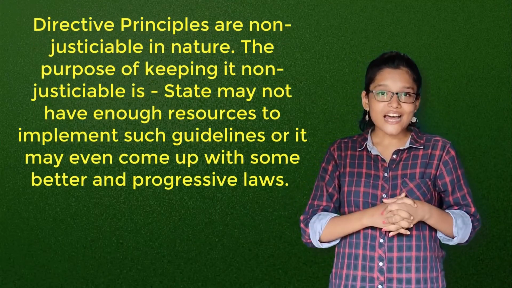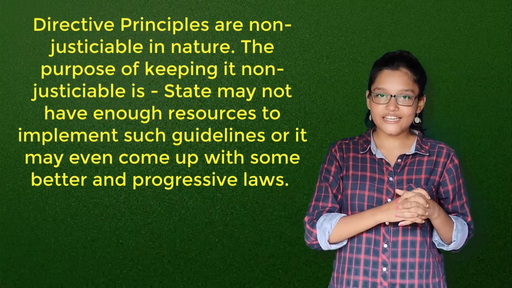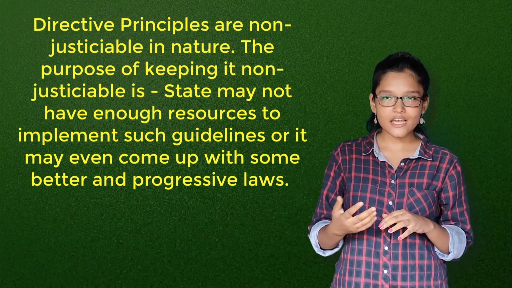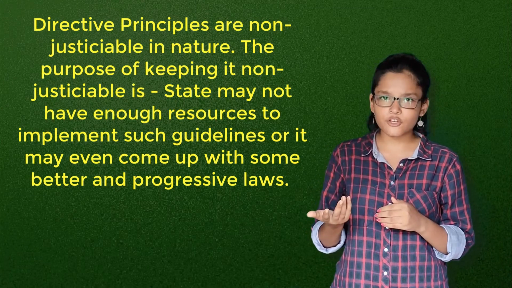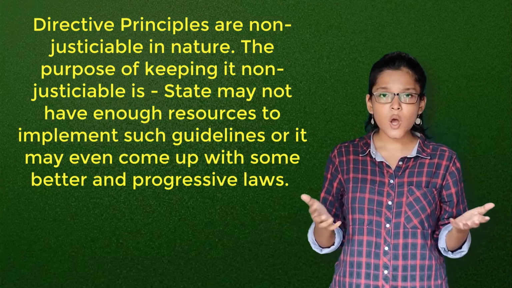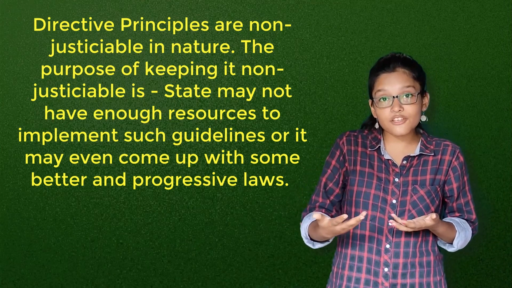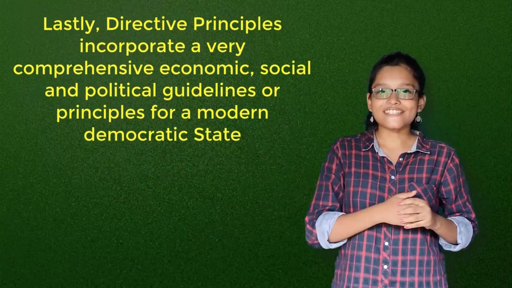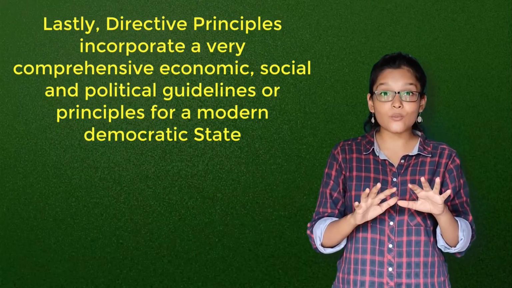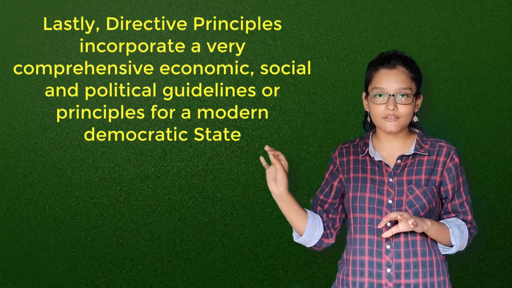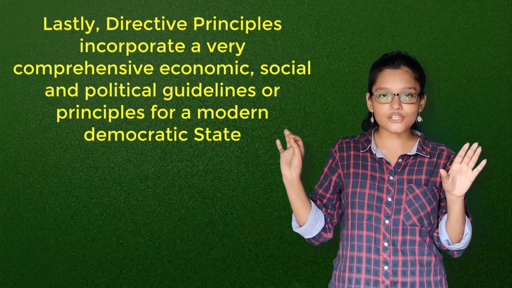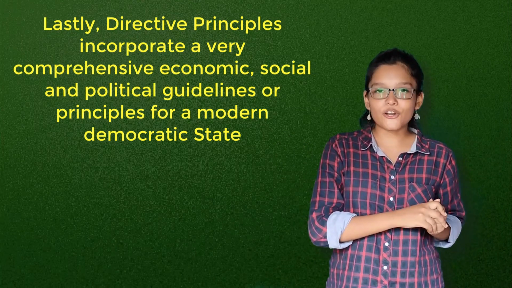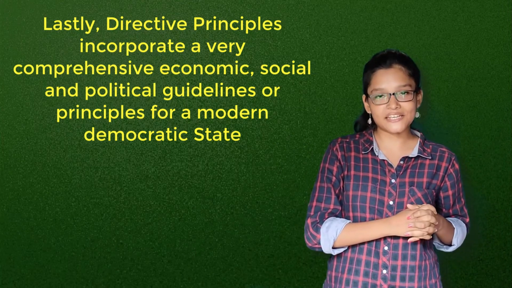Third, directive principles are non-justiciable in nature, and the purpose to keep them non-justiciable is that the state may not have enough resources to implement these ideals, or it may even come up with some better and progressive laws. Lastly, directive principles incorporate comprehensive economic, social and political guidelines or principles for the modern democratic state.